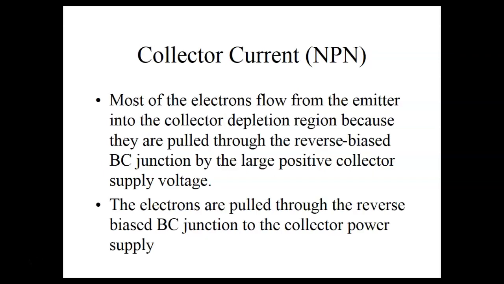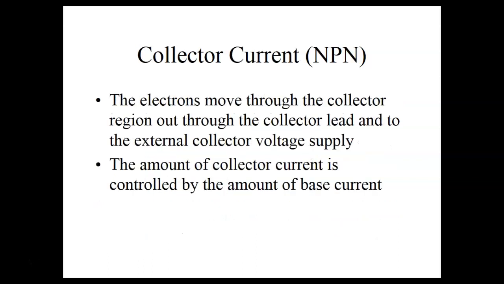Most electrons flow from the emitter into the collector's depletion region because they are pulled through the reverse-biased base-to-collector junction by the large positive collector supply. The electrons are pulled through to the collector power point, usually through a resistor somewhere in that path. The electrons move through the collector region, out through the collector lead, and to the external collector voltage supply.